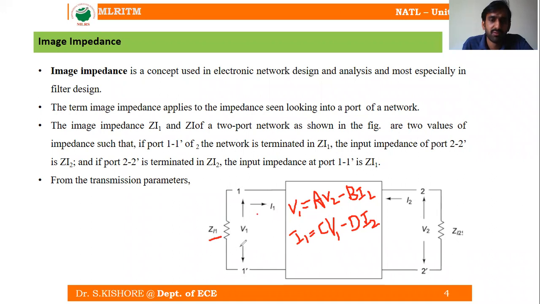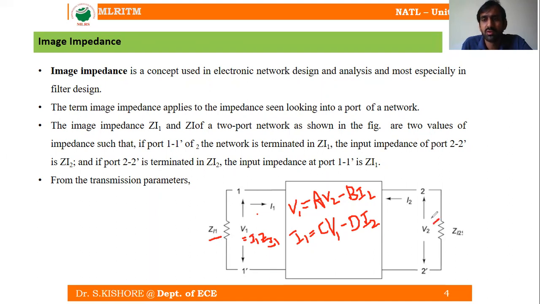So then we can write V1 is going to be equal to I1 into ZI1. Similarly, if the network is terminated at the port 1, that is 1 dash, with the impedance ZI1, then the input impedance at the port 2 dash, if you look from this port 2, is going to be equal to ZI2.